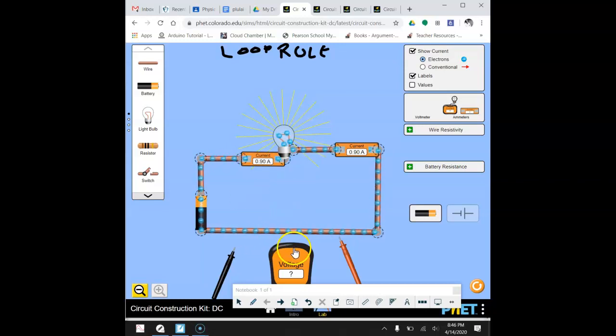The loop rule is usually used with electric potential or voltage. And what we do when we're measuring electric potential or voltage is we take these probes and we always have to have some place that we consider to be zero, and the black probe is just where we tell the circuit things will be zero. So if I put the black probe there, we're saying that is 0 volts.